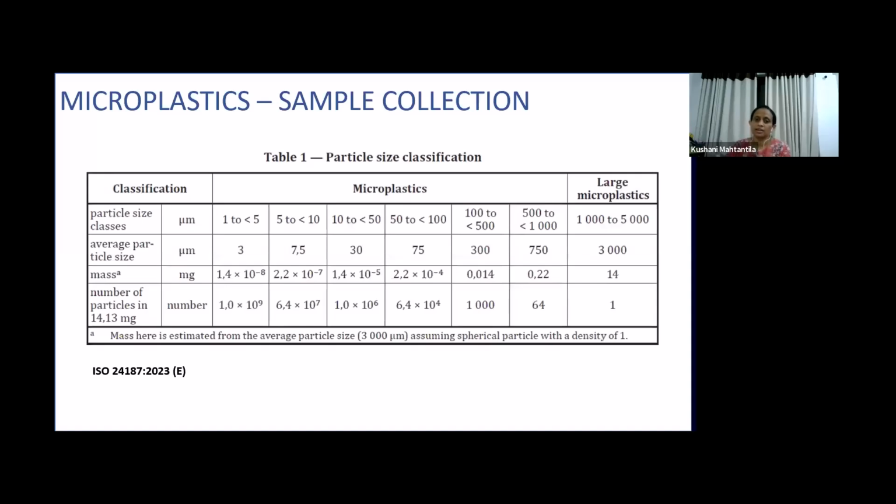That is why when we analyze the mass fraction, we could have a higher number of smaller particles. So to achieve the LOD, it may need a lot of particles if the sample size is very small. So it is challenging if we analyze based on the mass fractions.